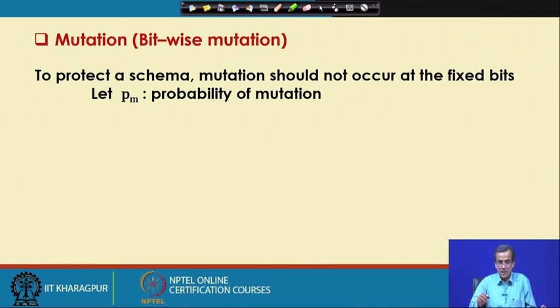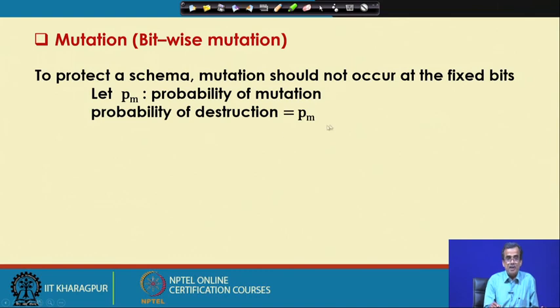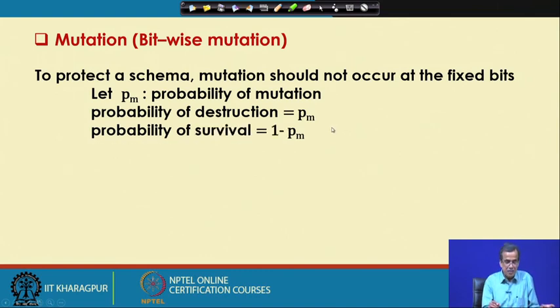That means, on the fixed bits there should not be any mutation, just to preserve that schema. Let P m be the probability of mutation, and this is the probability of destruction. If this is the probability of destruction, then the probability of survival is 1 minus P m.